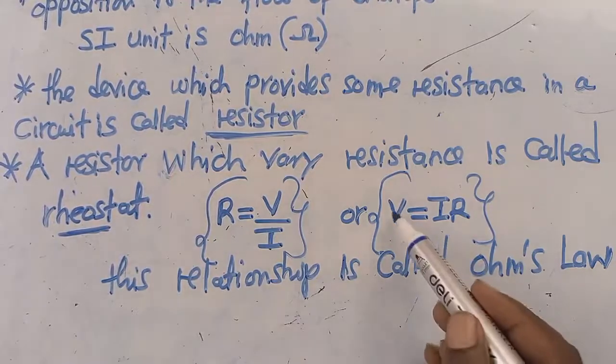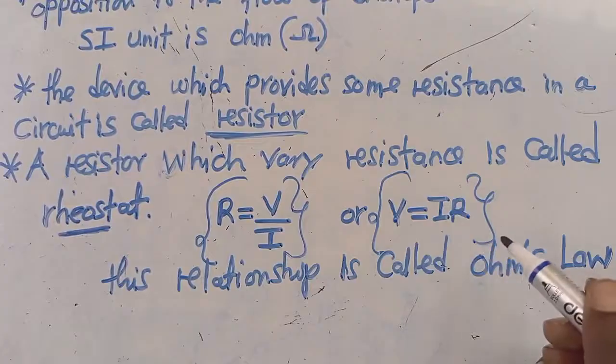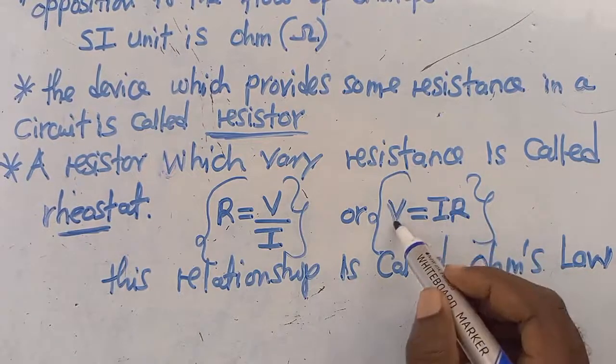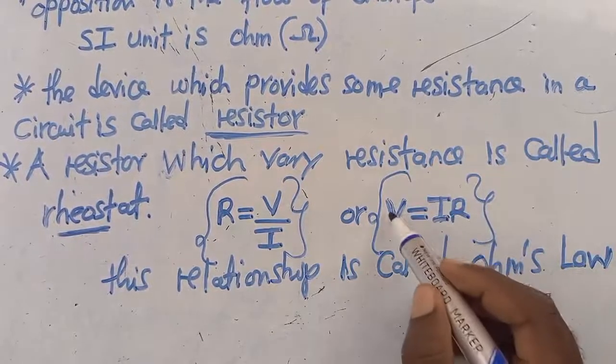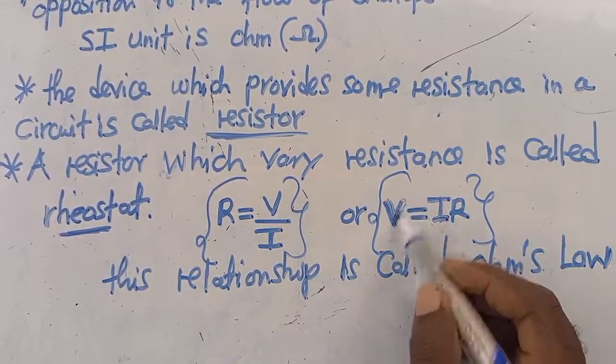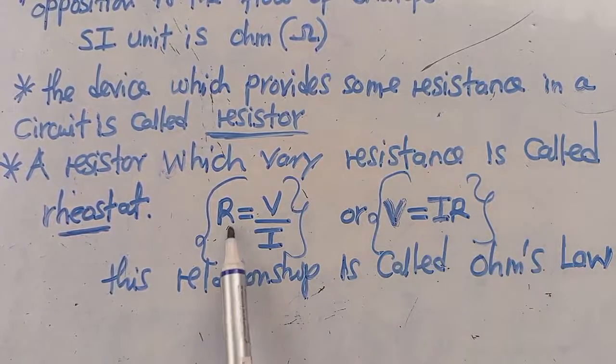Ohm's law states that the current flowing through a conductor is directly proportional to the potential difference. Obviously current is directly proportional to potential difference, which is the voltage. You can explain it in that way. It is just one and the same thing, so don't be confused.